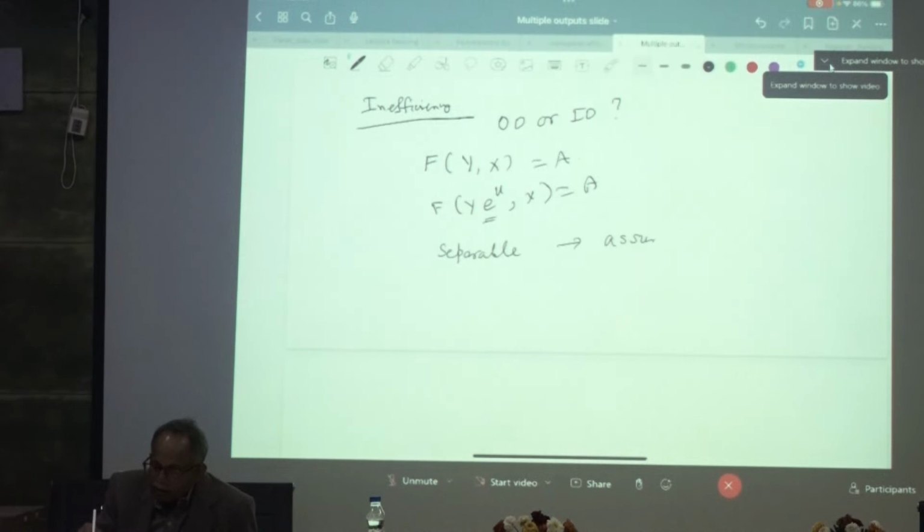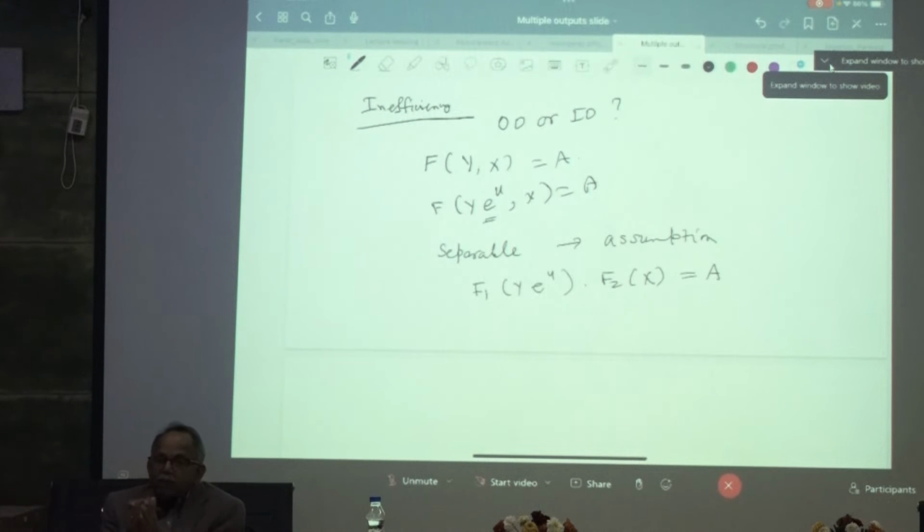If you ever look at the notes that I have in here, I do not assume separability, but that involves a lot of algebra. The point is that separability is not a requirement. So if it is separable, then you can just write F1 of y times e to the power u, and then times F2 of x is equal to a, something like this.